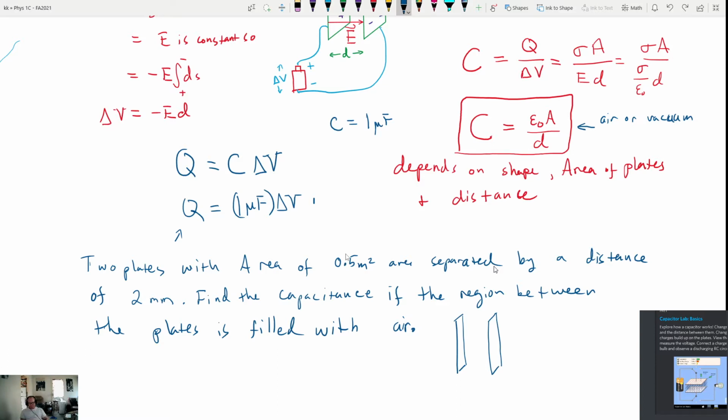All we need to do here is directly plug in the information that we have in the problem. So the capacitance should be equal to epsilon naught, which is 8.85 times 10 to the negative 12. And this is Newton meter squared over Coulomb squared. No, it's the inverse of that, right? Yeah.